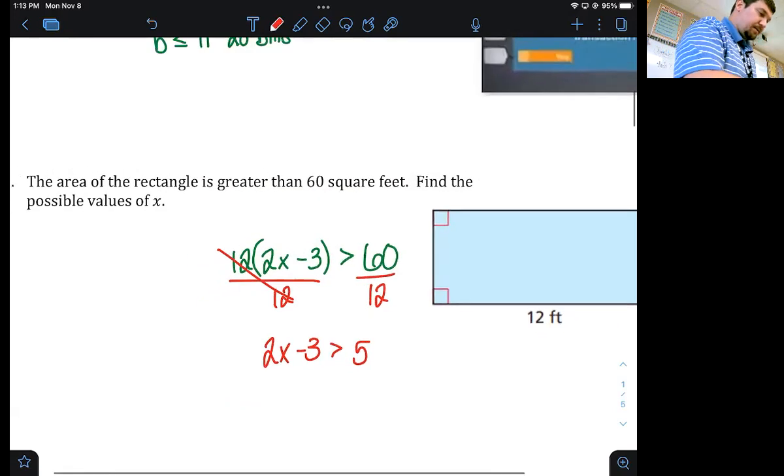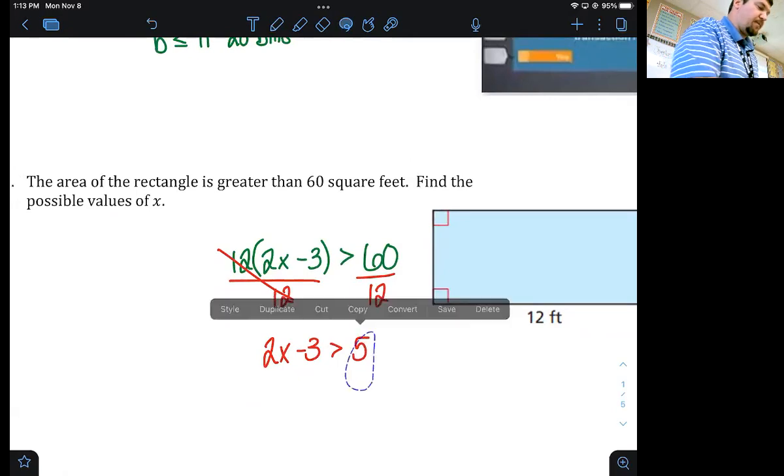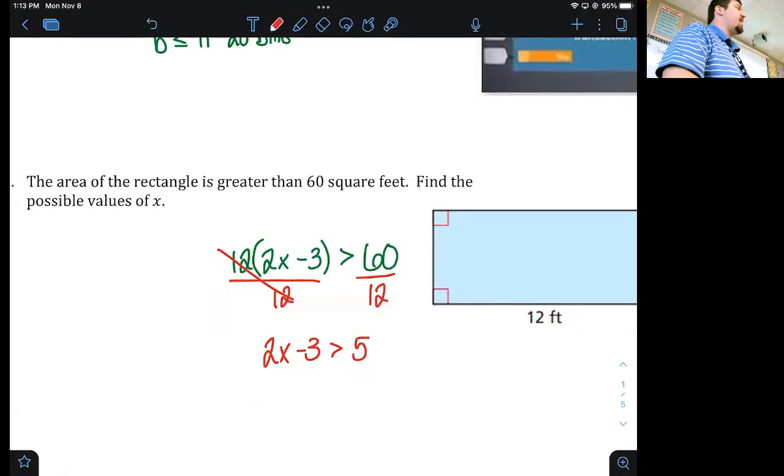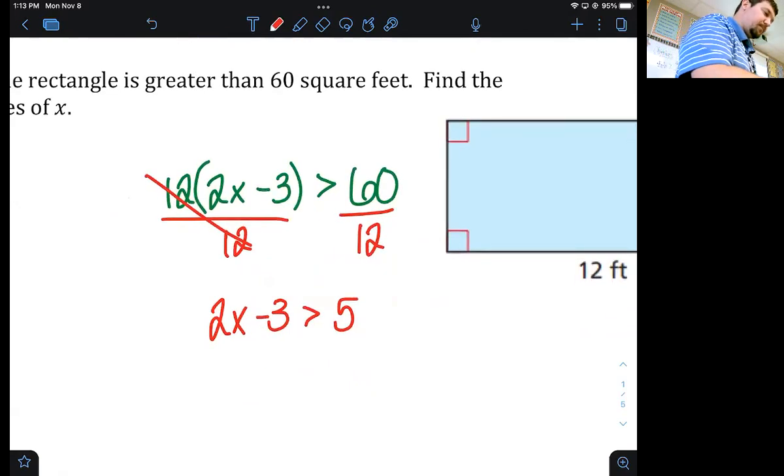All right. So now we're going to solve it from here. And Carson's going to help me with that. Carson, what's my next step? Okay. And 5 plus 3 is 8. One more step.